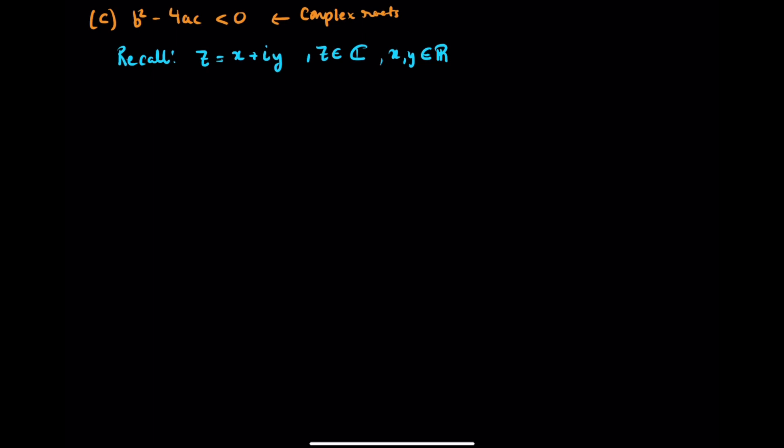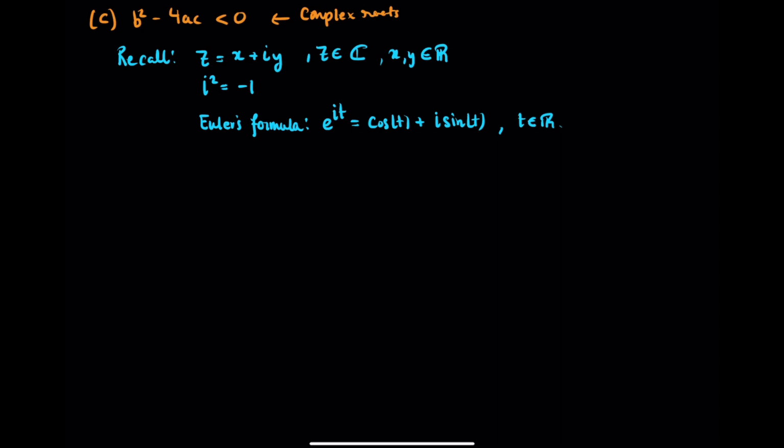And also remember that i squared is equal to -1. And then also know Euler's formula. Euler's formula is e to the it equals cosine t plus i sine t, such that t is an element of the real set. And so that is what you need to know right now.